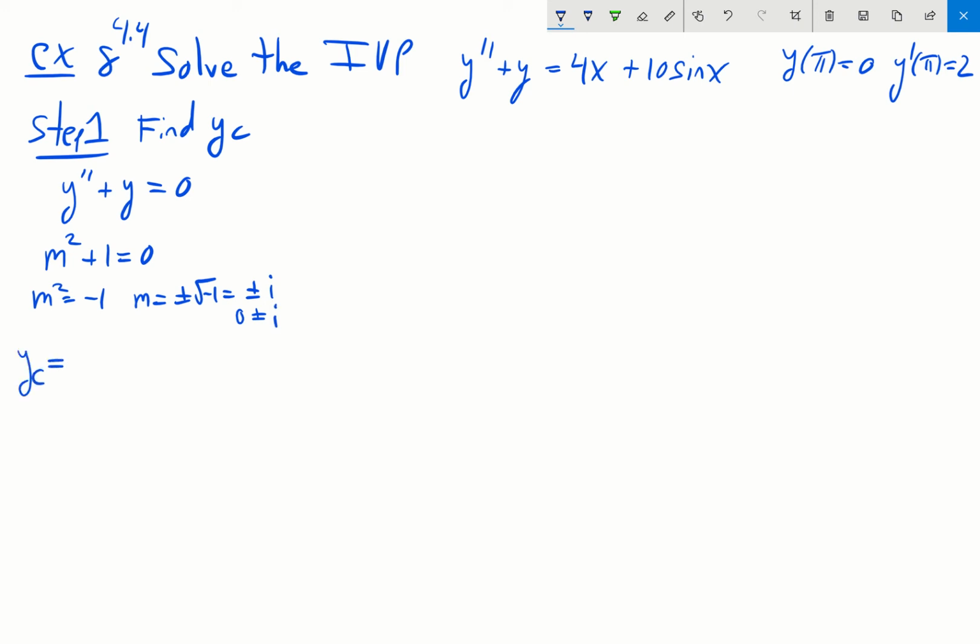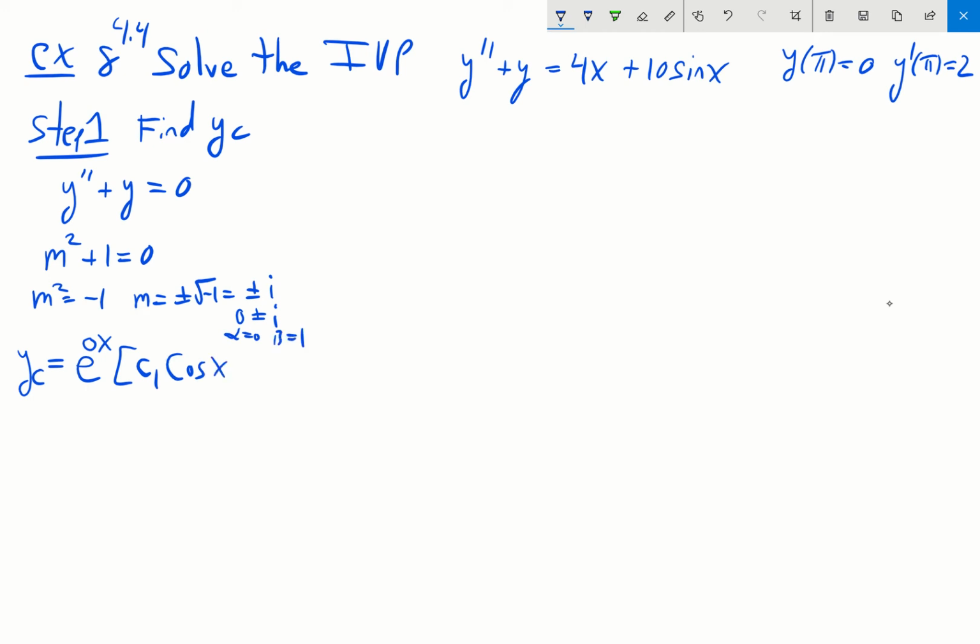Therefore, for y sub c, we have two complex conjugate solutions. It's going to be e to the real part of that complex number times x, times c1 cosine. So alpha is 0 here, and beta would be 1.